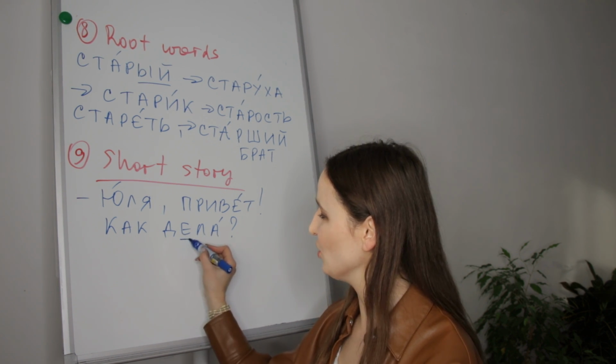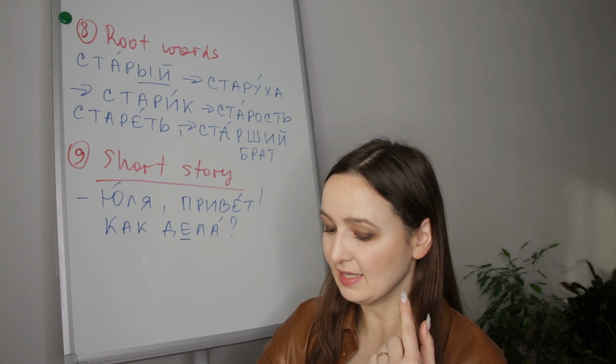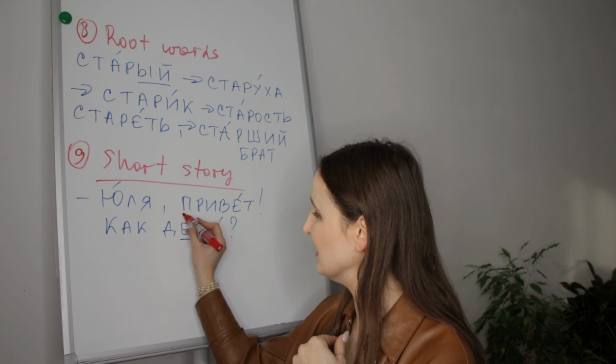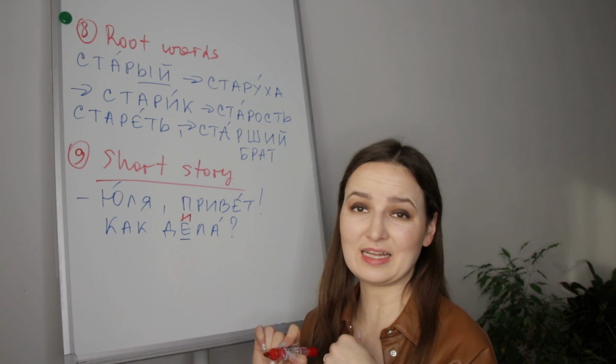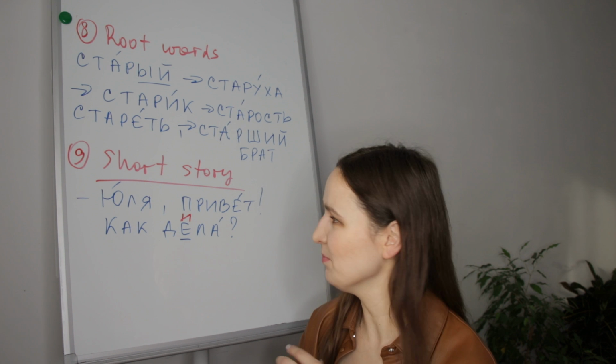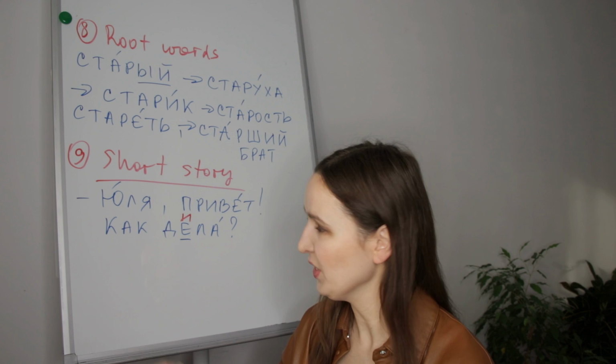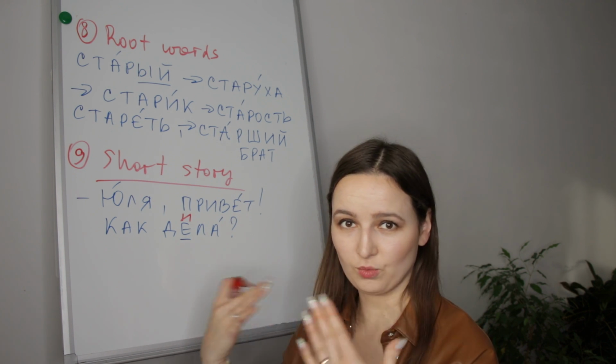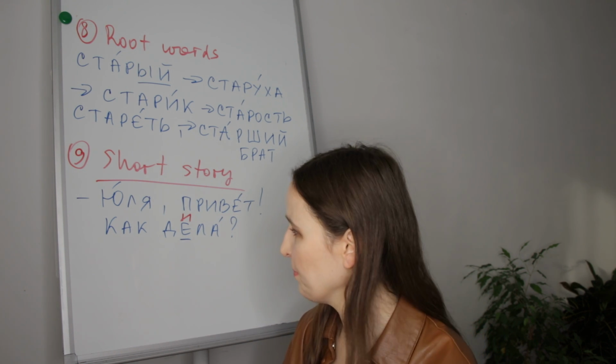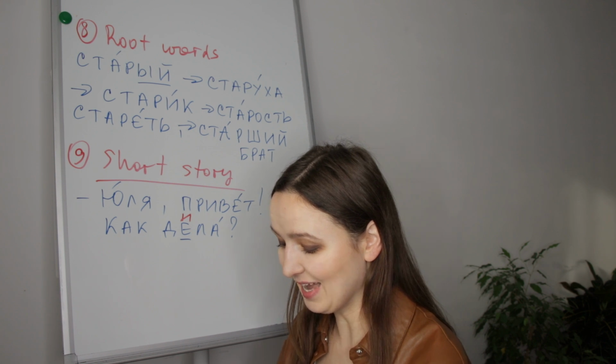Here, дела, you can hear that I pronounce Е as И, дила, because it's not stressed. Как дела? How are you? This is informal. So they are friends or colleagues.